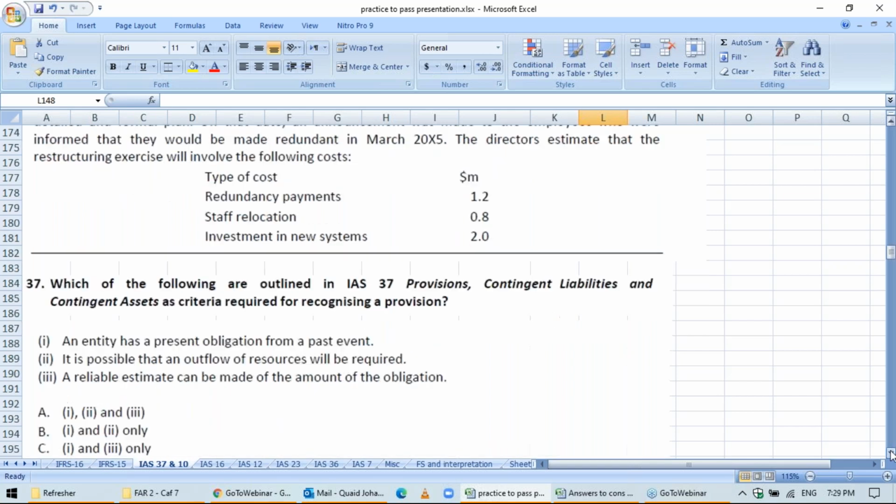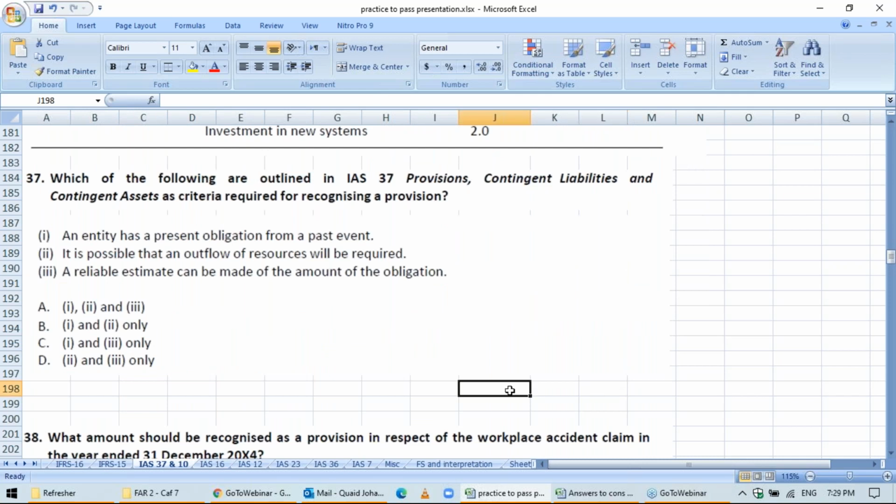What are the three requirements? One of them is that a present obligation exists. Like I explained a few minutes ago, how does the present obligation exist: due to the binding activity plus the contract or plus the law.